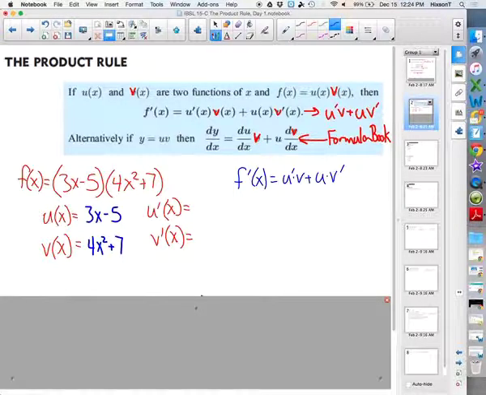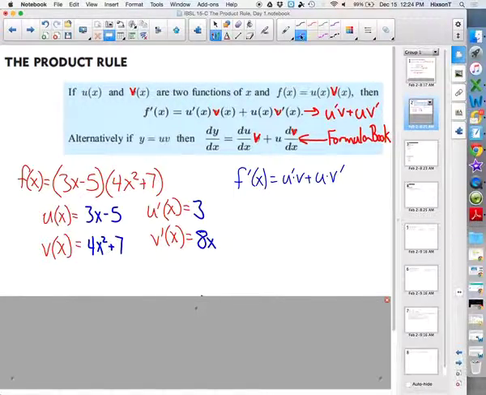Now, we already on the previous slide said what these derivatives are. u prime, the derivative of 3x minus 5, is just 3. And v prime, the derivative of 4x squared plus 7, is the 8x.